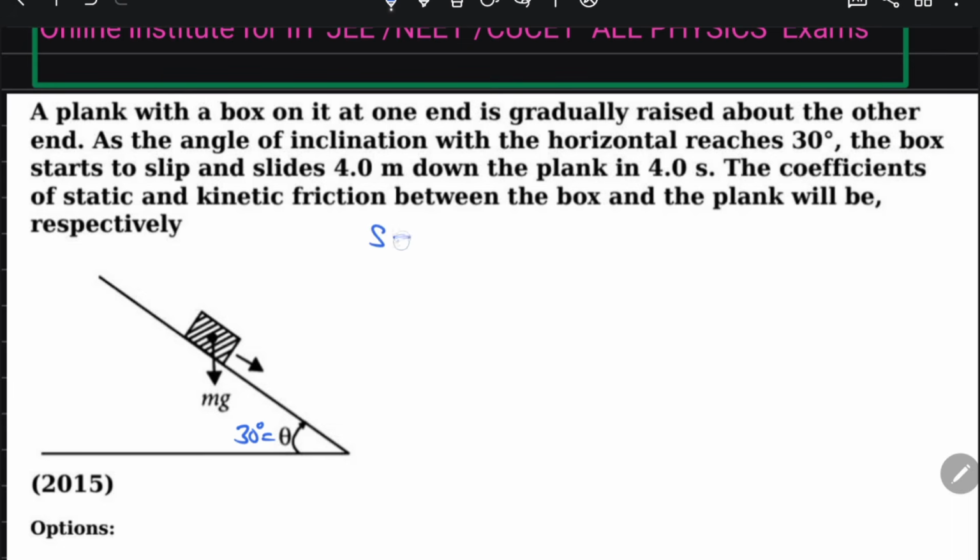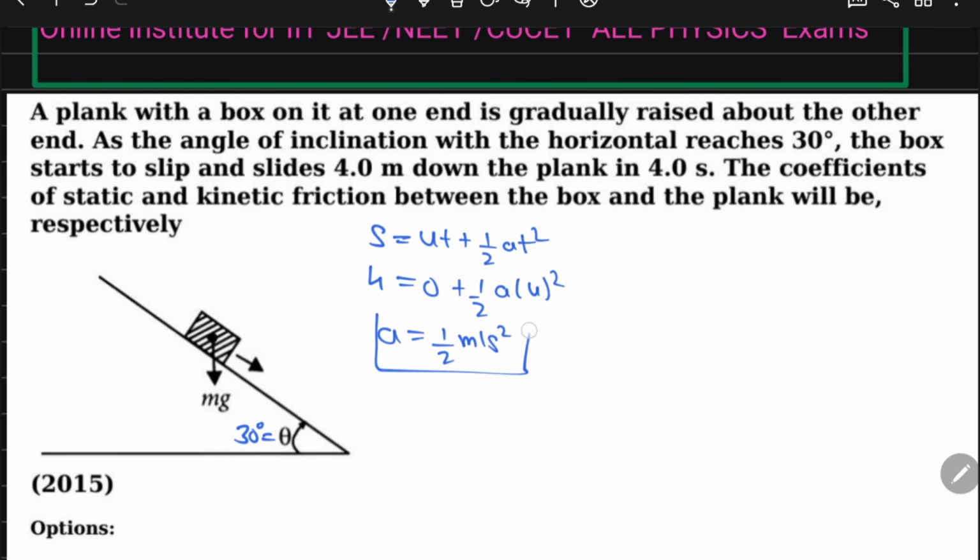So first we can apply s is equal to ut plus half at square. They move 4 meters. Initial speed is 0, plus half acceleration into 4 square. So this comes out to be 1 by 2 meter per second square. Right? 4 fours are 16, 8. And then they are asking the coefficient of static friction.